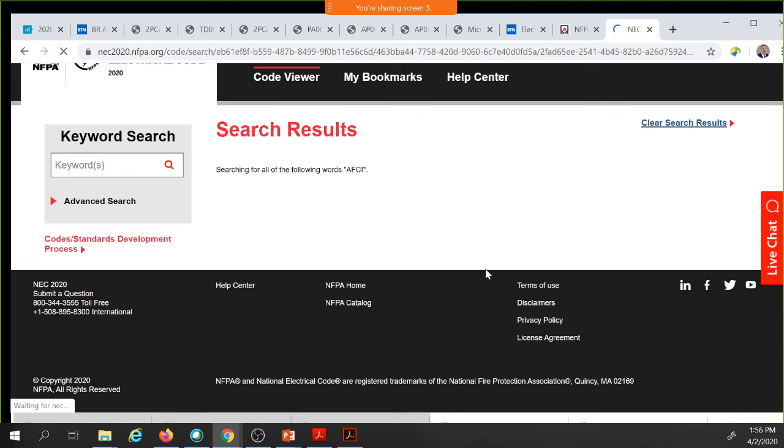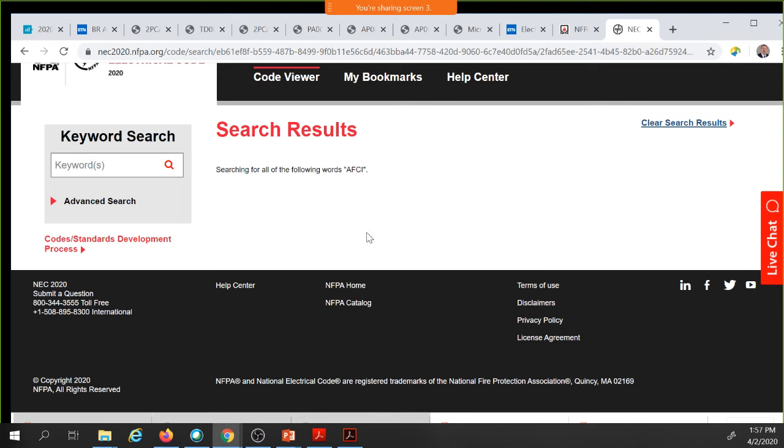But if you go back to chapter 4 inside the NEC, if you go to 4.0, I believe it is 406. I think it's 406. 406.4. Now remember, 406 is receptacles, cord connectors, and attachment plugs.